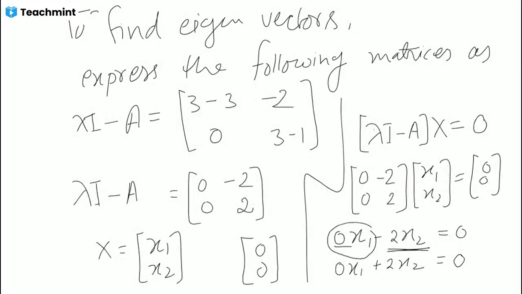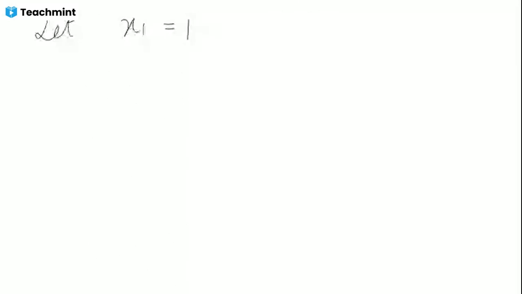I'm telling you again. See, on multiplying we have 0 into x1 minus 2 into x2 is equal to 0, and again 0 into x1 plus 2 x2 gives 0.